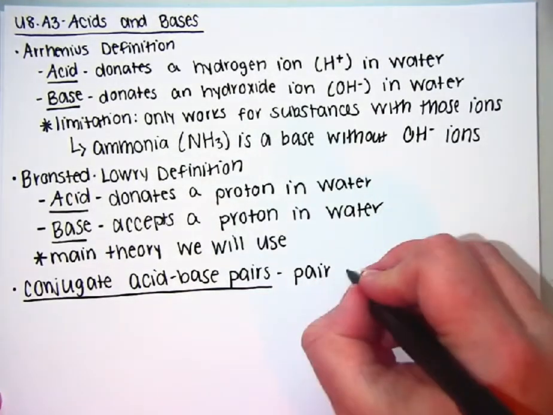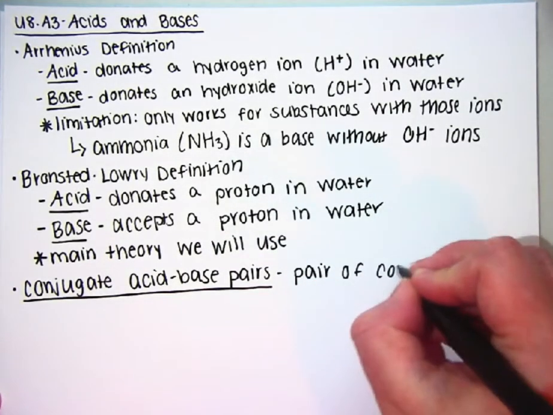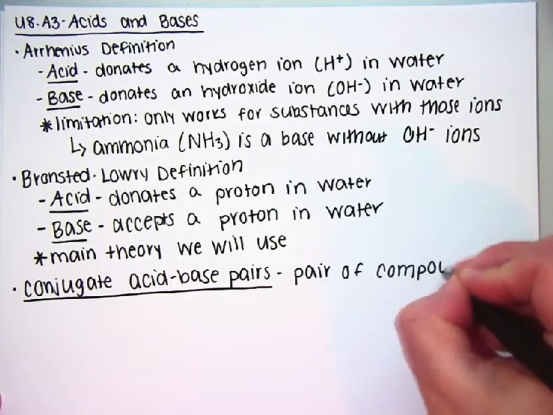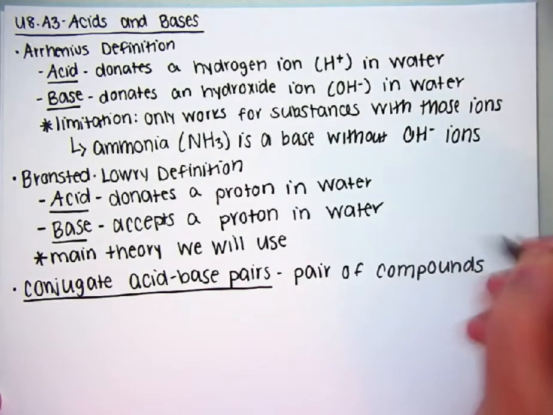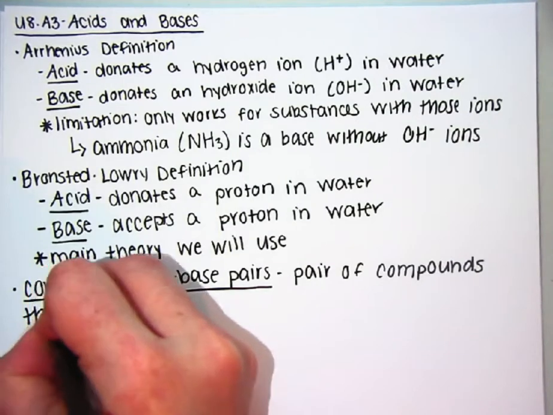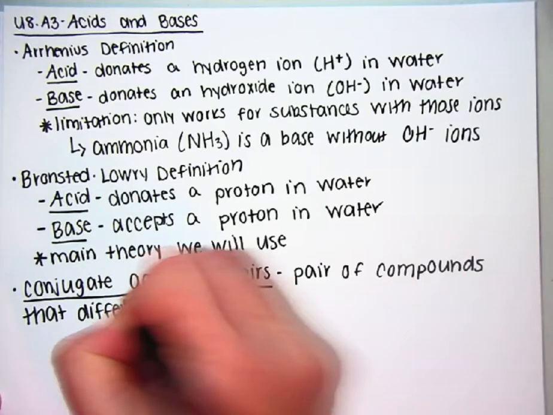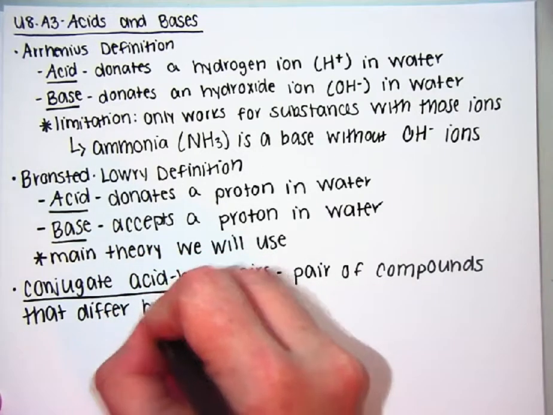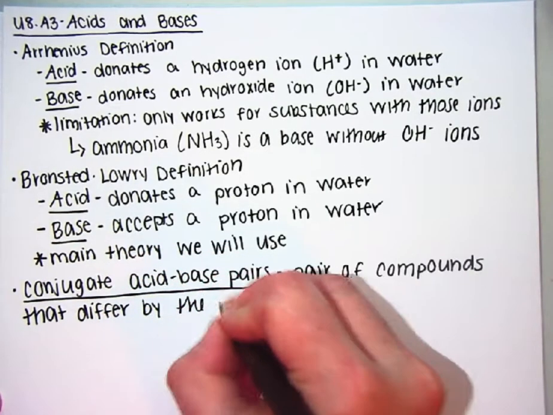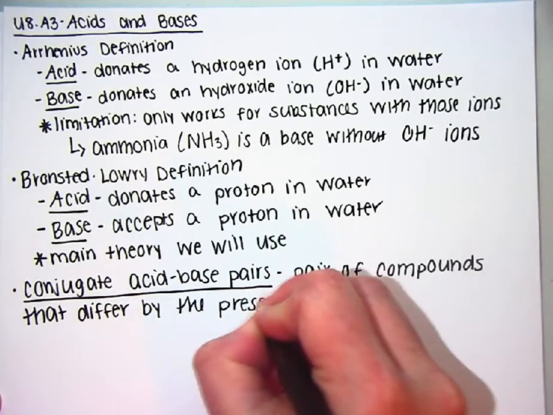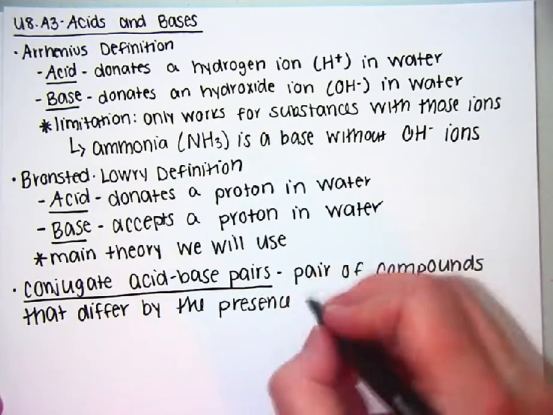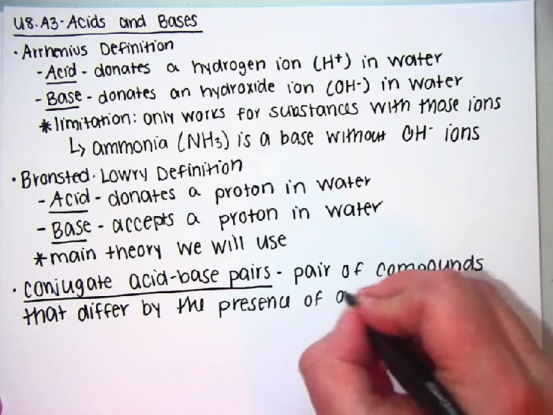You're going to have to identify conjugate acid-base pairs. This will be a pair of compounds that differ by the presence of one proton.